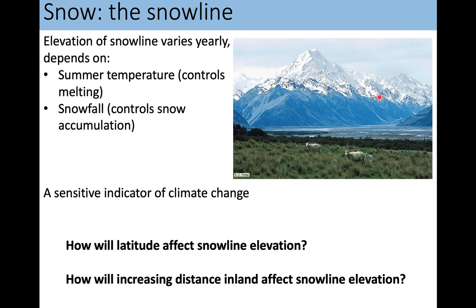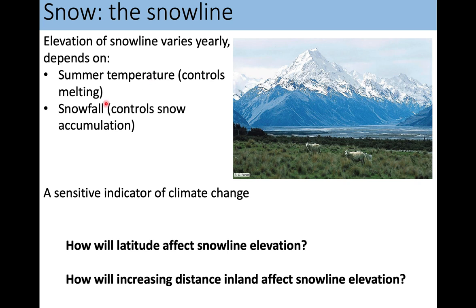So the height or the elevation of this snow line actually changes. As you can imagine, there's a few things that control whether or not we're going to have snow melt, that being temperature. If it's very, very hot, the snow line is actually going to move up because you're going to have more melting.